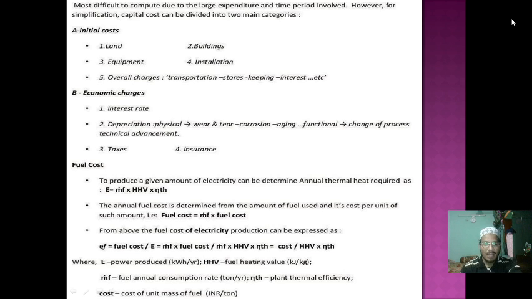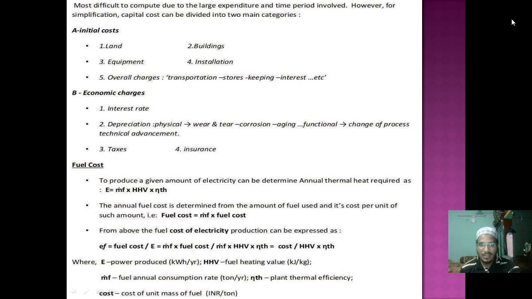Next, economic charges. Economic charge is the interest rate. If we are taking a loan from the bank sector, we should pay the interest rate.